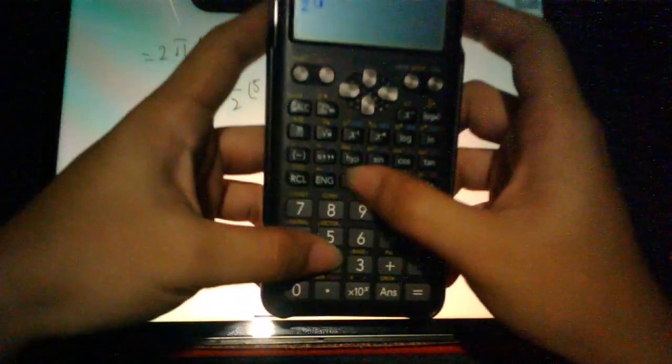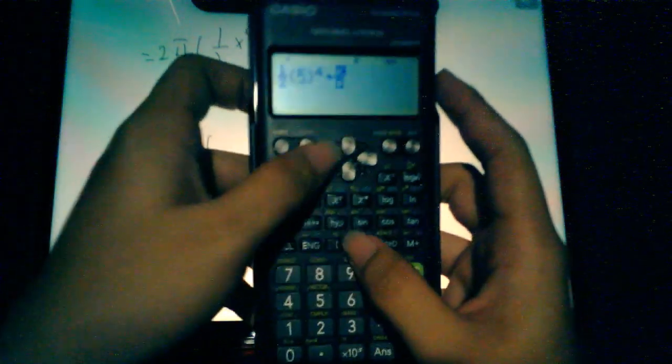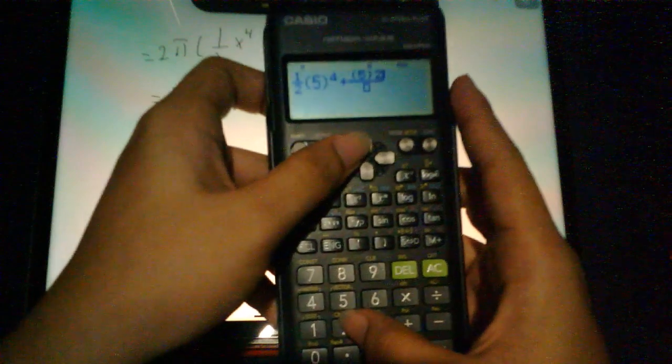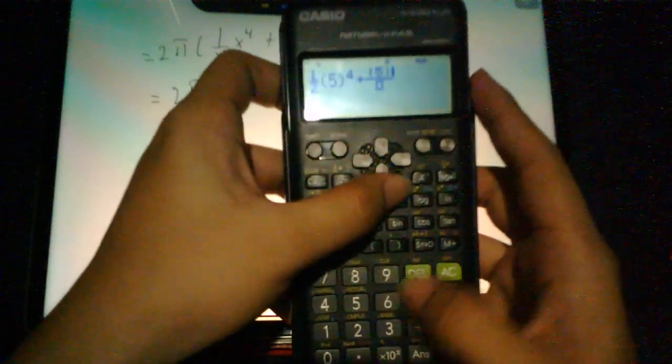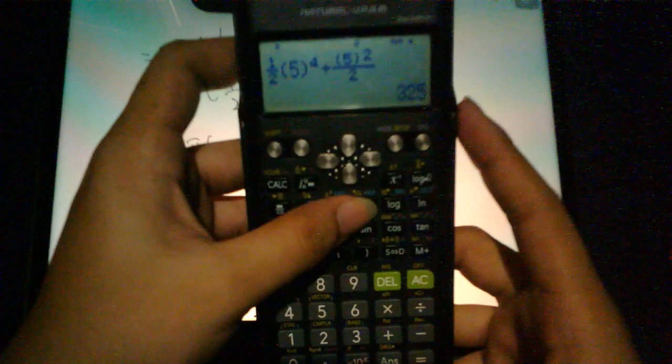So 1/2 times 5 raised to 4 plus 5 raised to 2 over 2. You can see it. So our answer here is 325.